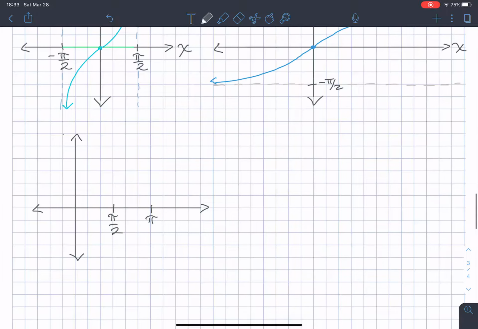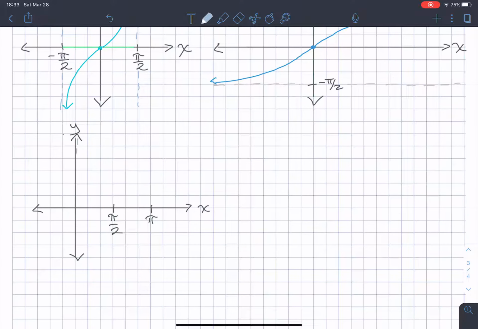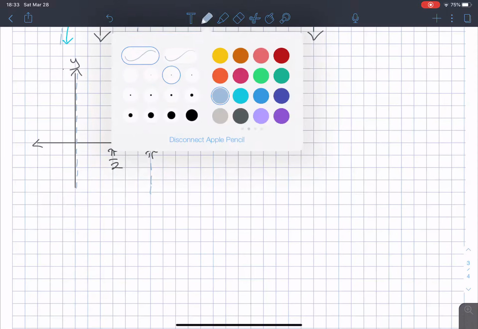So x and y. Okay, so I know cotangent has asymptotes at 0 and at pi, and that it trends downhill in reading direction. Actually, let me make this a bit longer so we can see what happens.